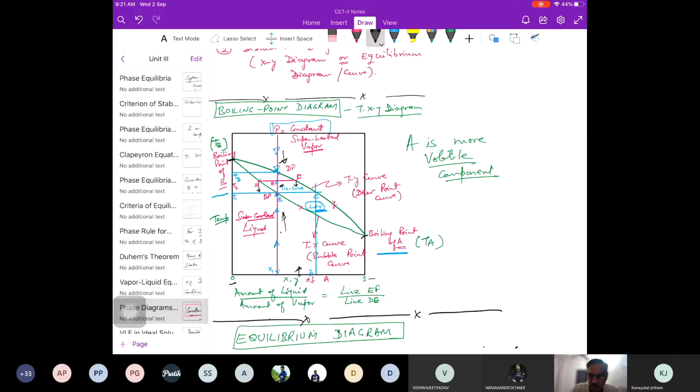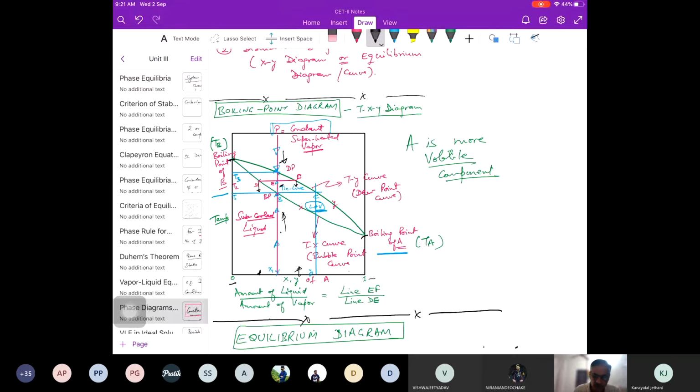And that is the principle of distillation. When you boil a mixture, the liquid will have less of the more volatile component, यानी more volatile component कम रहेगा liquid में और vapor में ज़्यादा रहेगा, right? Because D का composition is less यहाँ पर है और F का composition यहाँ पर है.